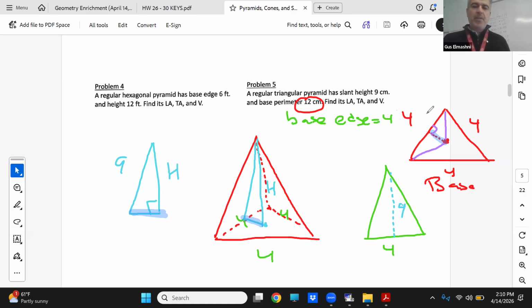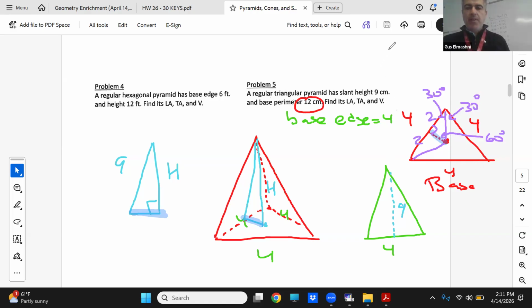So here's the deal. That's 2, and that's 2. What kind of triangle is happening here? Also equilateral. That's 30 degrees. That's 30 degrees. And that right there is 60 degrees.